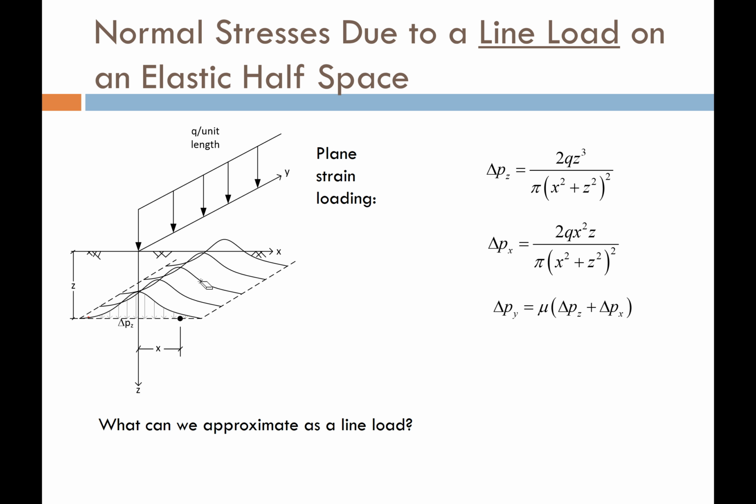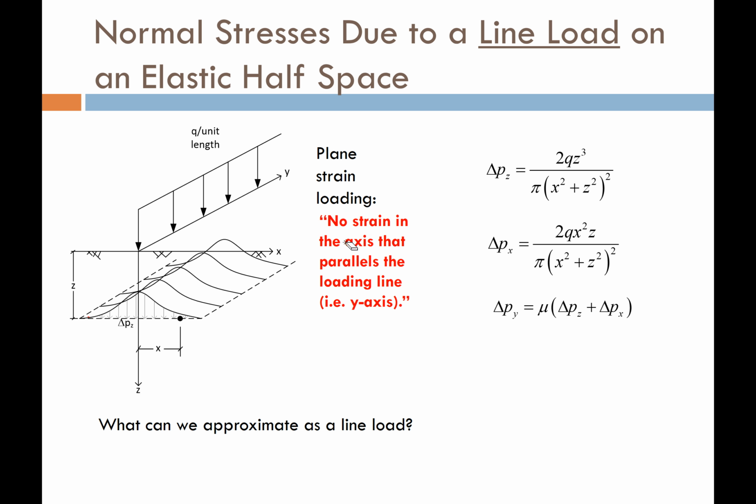This is, by the way, an assumption that we call plane strain loading. Plane strain loading basically means that in the direction of the loading, or in the axis of the loading, there is no strain.